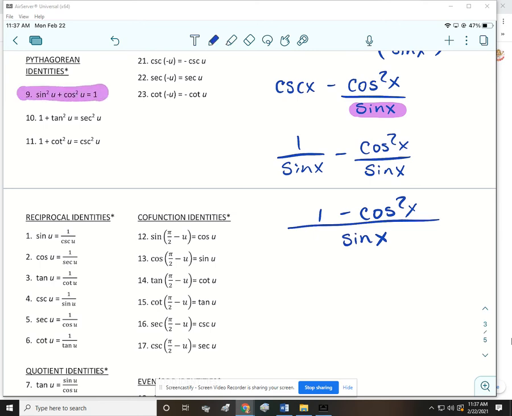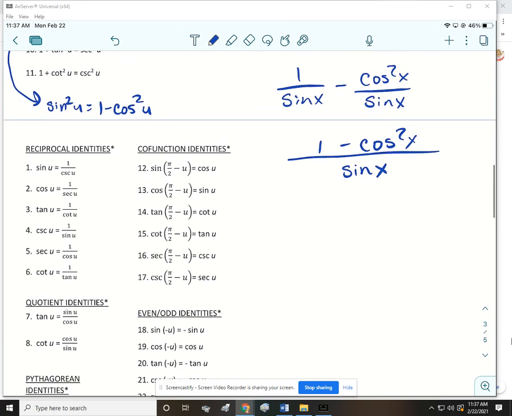But we want the 1 and the cosine squared on the same side, so you subtract the cosine squared of u. That means sine squared of u is equal to 1 minus cosine squared of u. So in place of 1 minus cosine squared, I am going to change that to sine squared of x. The denominator, I'm just going to leave alone.